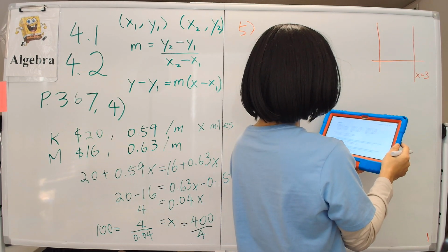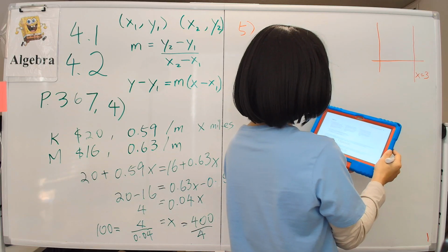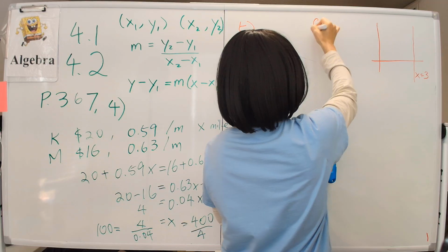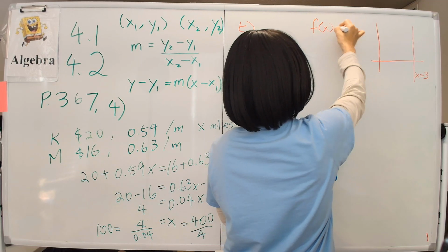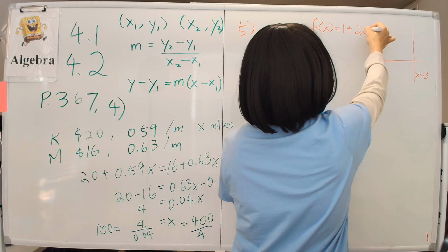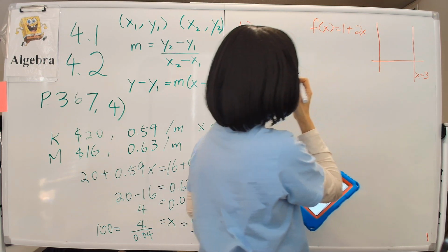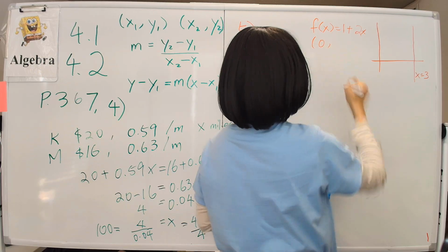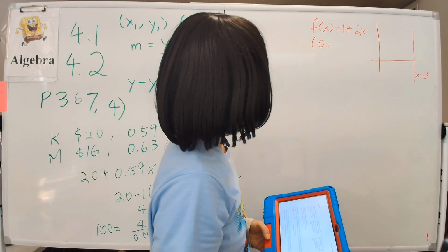And f of x, some other line, f of x equal to 1 plus 2x. So here's some line we have to draw. Now, to draw that line, we just need a few points, 2 points to be exact. Ask yourself, when x is 0, what is the y value?